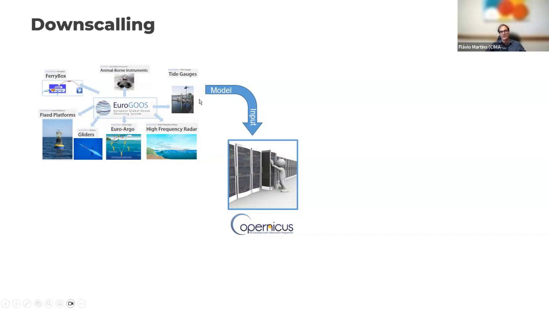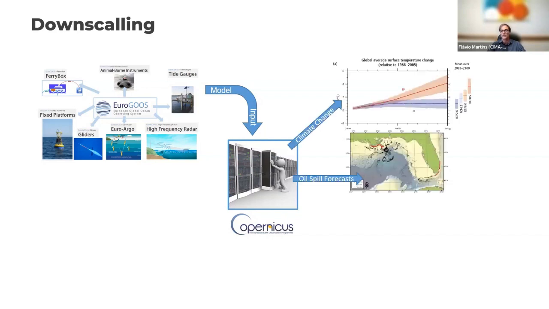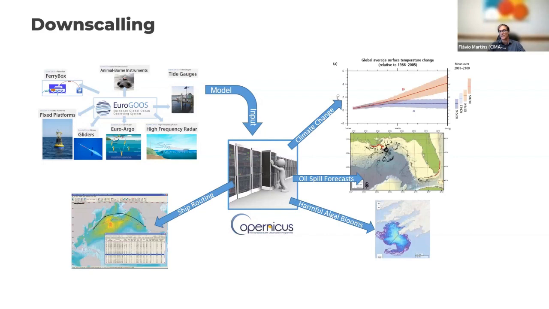Okay, so we have measurements from many different platforms. And we ingest all this information in the model so that we create the forcing, the initial conditions and the boundary conditions to run our models. And then we use the models to give answers to problems in the society.